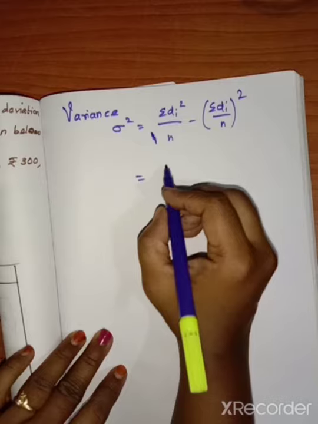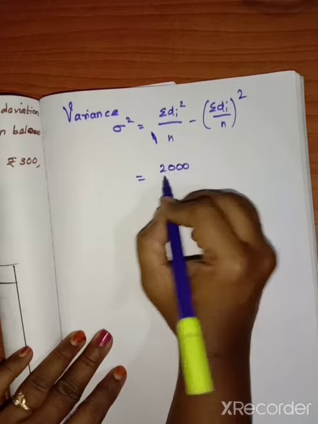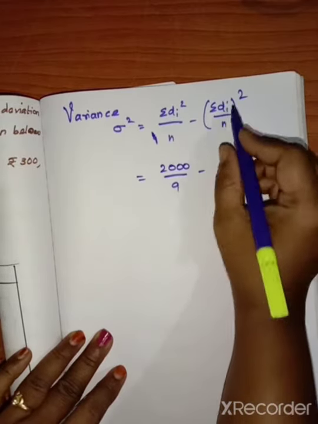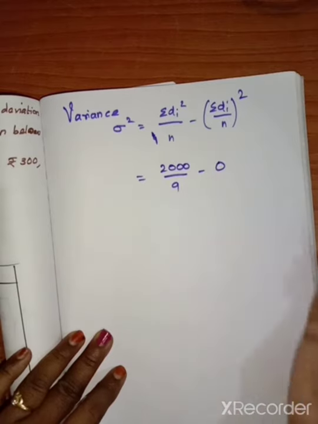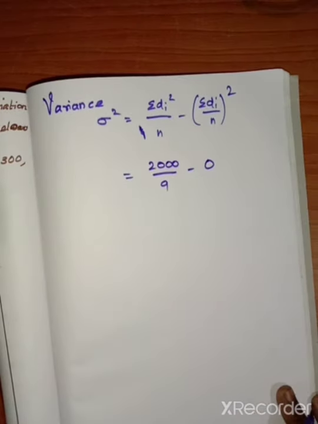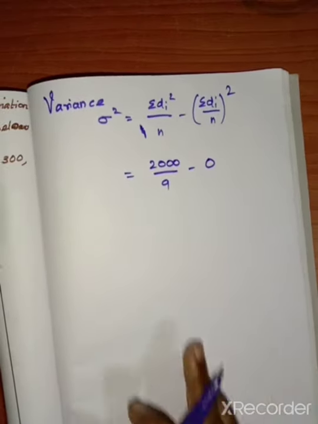So now we want to substitute. Summation di squared is 2000 divided by 9. Here 0 by 9 is 0 alone. If you square it also we get 0 alone, so straightly you can write 0.